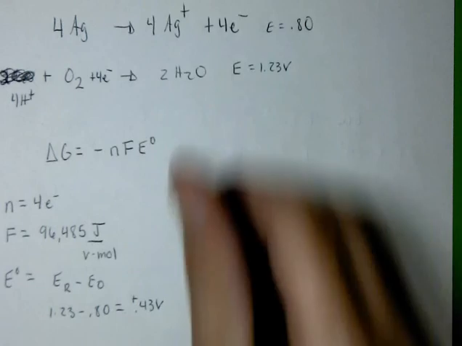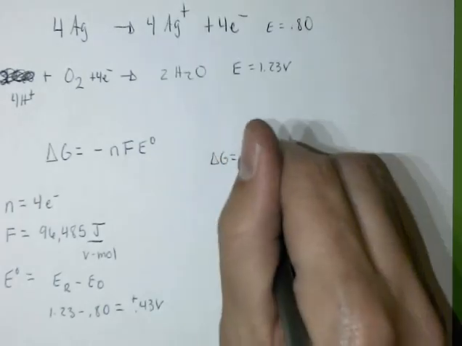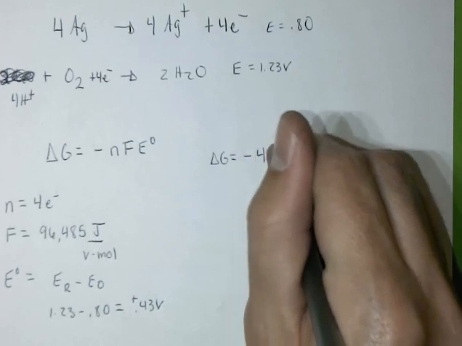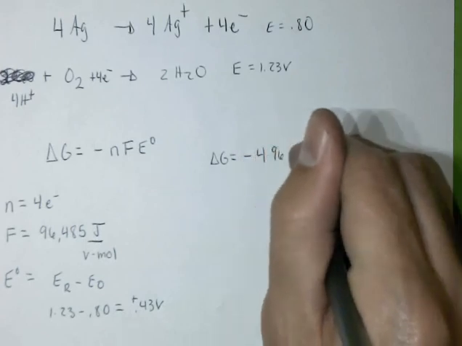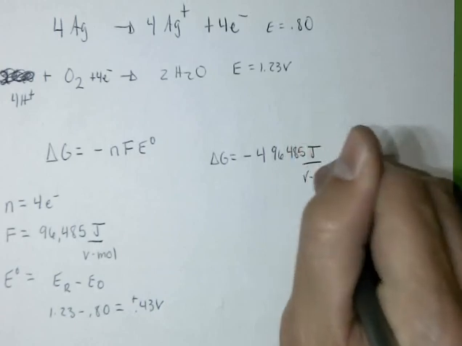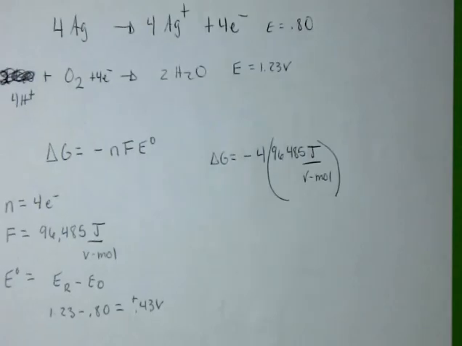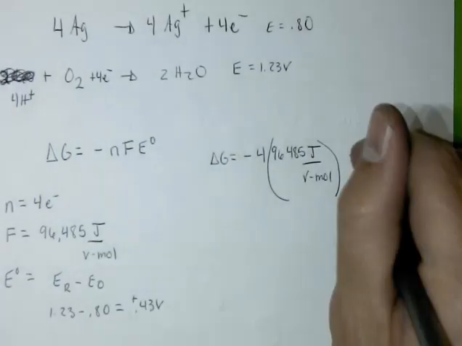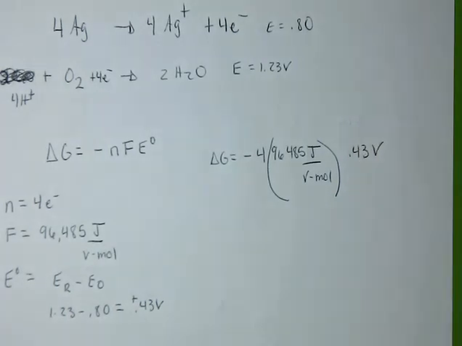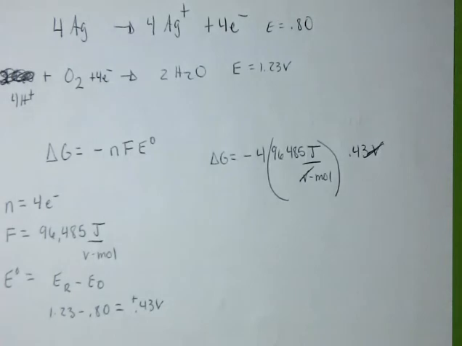So when we work back up here to delta G, we plug into our equation. We're going to have minus 4 times Faraday's constant, 96,485 joules over volts times moles. We'll put that in brackets to keep it straight. And then we've got our E of the cell, which is 0.43 volts. Multiplying that together, notice what units cancel out. Volts cancel, and I have just joules per mole.